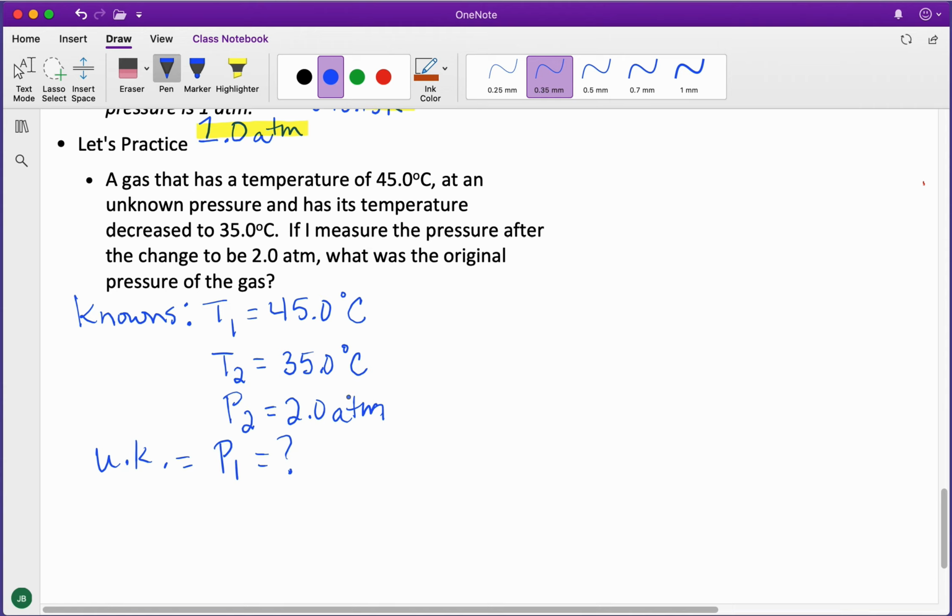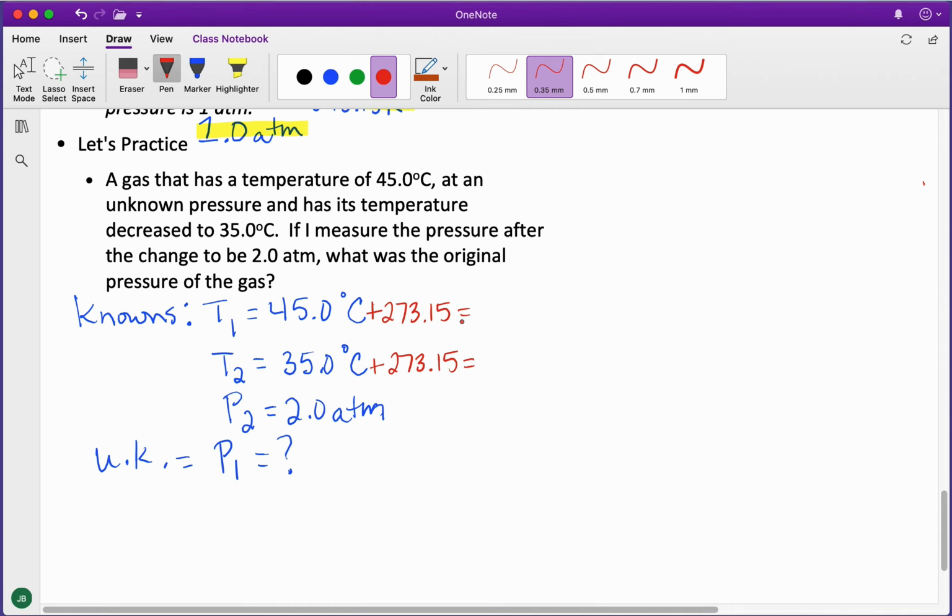Now notice that for this problem, you were given the temperature in degrees Celsius. So you need to go about converting that temperature into kelvins. So what I would recommend, pick a different color ink and go ahead and put that in there. Once again, punch and crunch.